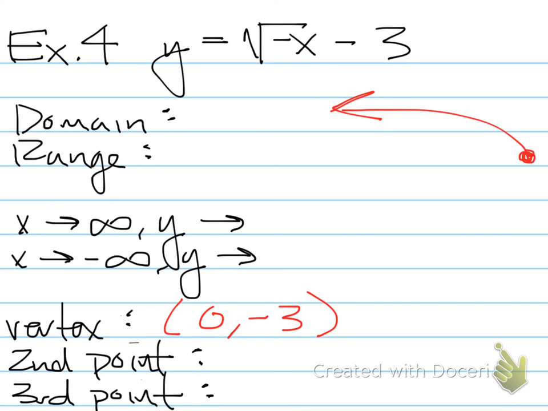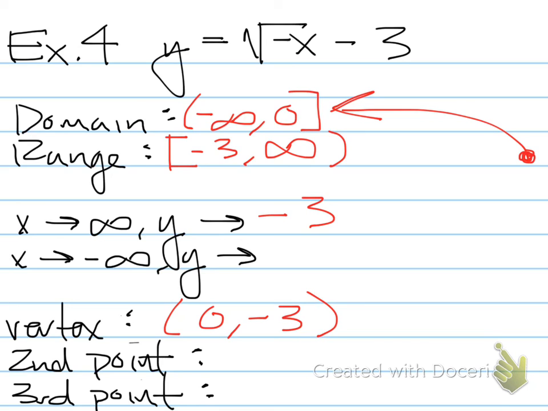So the domain is going to go from negative infinity all the way to the x coordinate, which is 0. And the range is going to go from the y-coordinate, negative 3, all the way up to positive infinity. As x goes to the right, the y is getting closer and closer to the y-coordinate of the vertex, negative 3. As x goes to the left, y keeps getting bigger and bigger, so positive infinity.